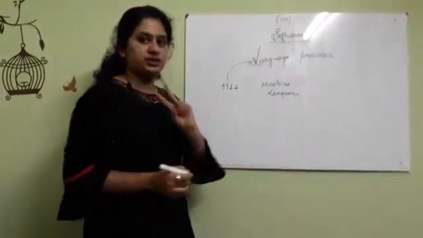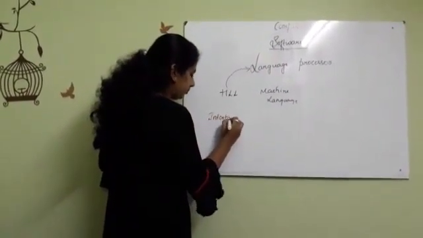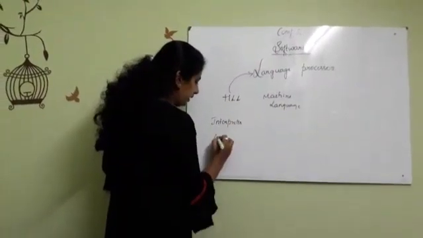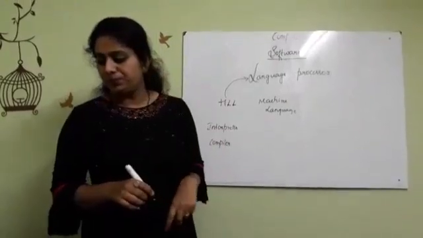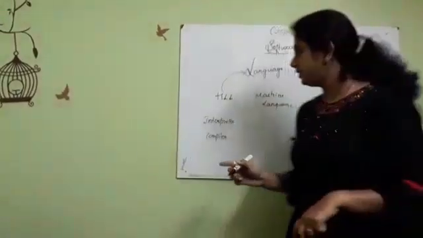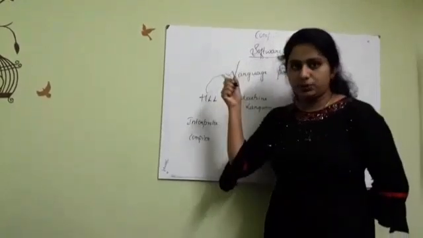In language processor there are two types: one is interpreter and another one is compiler. Listen here, interpreter. What will the interpreter do? Interpreter is a language processor.